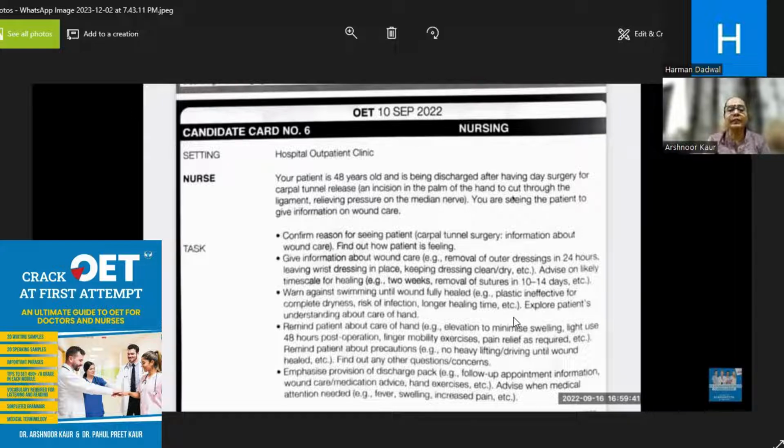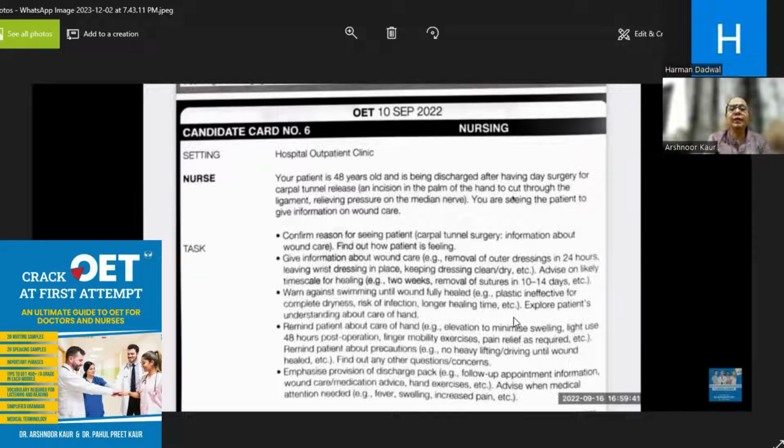In this task, it is given: information about wound care, removal of outer dressing in 24 hours, leaving wrist dressing in place, keeping dressing clean and dry, advice on likely time scale for healing, for example 2 weeks, or removal of stitches in 10 to 14 days.